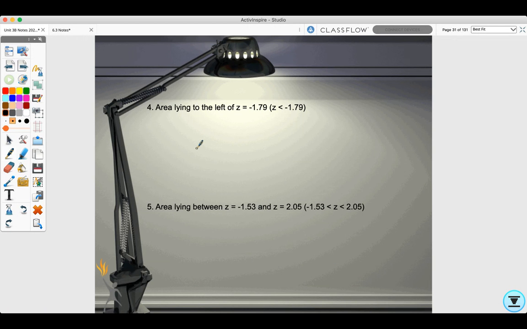So the next one, the area to the left of negative 1.79. Again, I would draw my normal curve and put in negative 1.79. Here's negative 1, here's negative 2. Negative 1.79 would be about here.